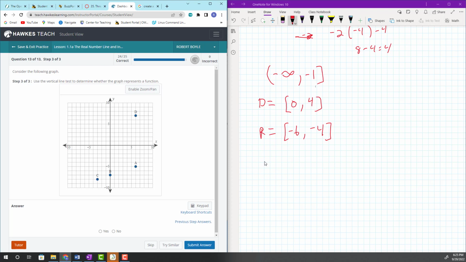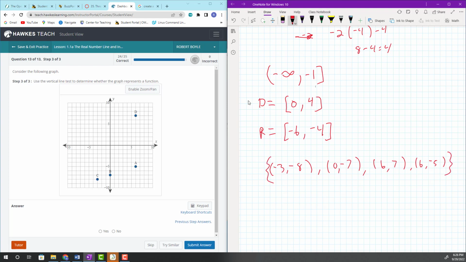We would have negative 3, negative 8 for C. Zero, negative 7 for B. We would have 6, 7 for D, and then 6, negative 5 for A. This would basically be our relation.